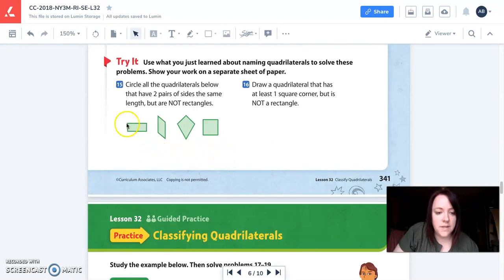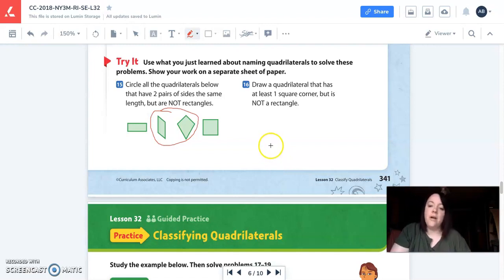So let's see, this is a rectangle and this is considered a rectangle, so those are not it. Same size, same size, same size, same size. So it looks like our 2 right here have 2 pairs of sides that are the same length, but they're not rectangles.